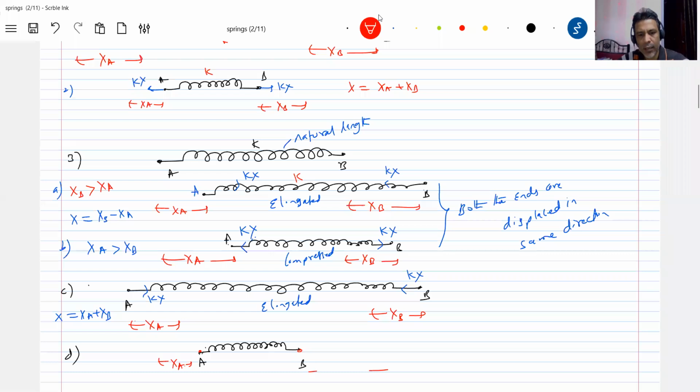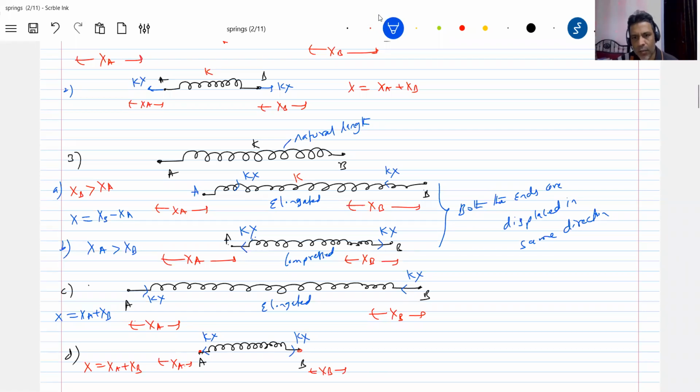This is XA and this is XB. Now, what is the state of spring? It is said to be compressed. Again, what is the compression? You have to write XA plus XB. Then how will you show the spring force? It will be in this direction. Okay, got this.